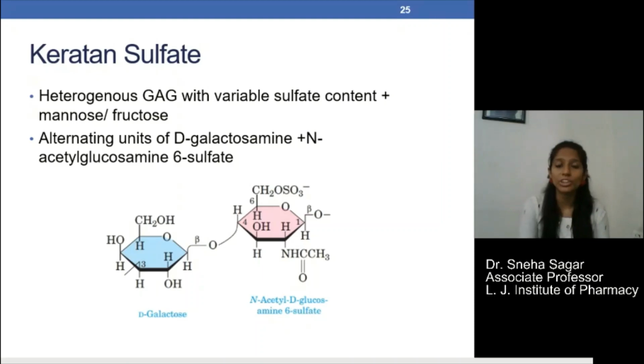It is a heterogeneous GAG with variable sulfate content, besides small amounts of mannose, fructose, sialic acid, etc. Keratan sulfate essentially consists of alternating units of D-galactose and N-acetyl glucosamine 6 sulfate.